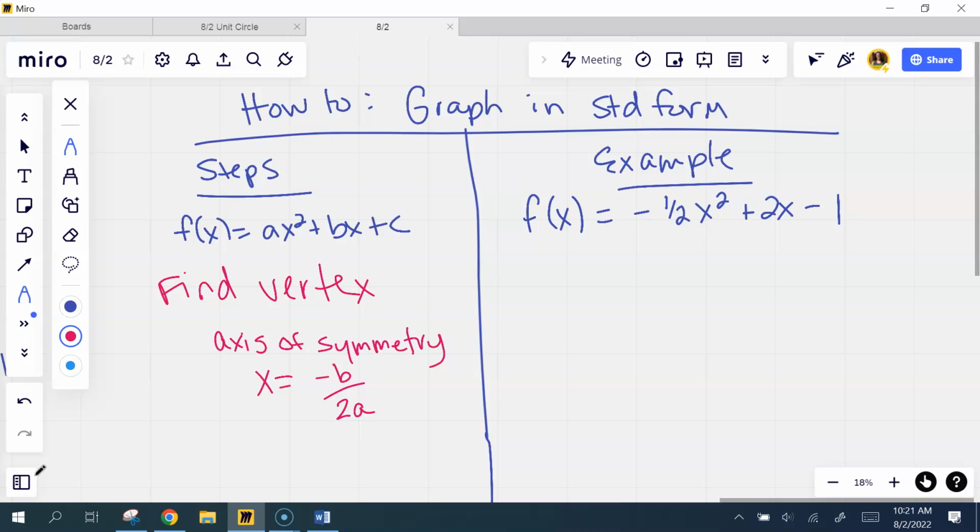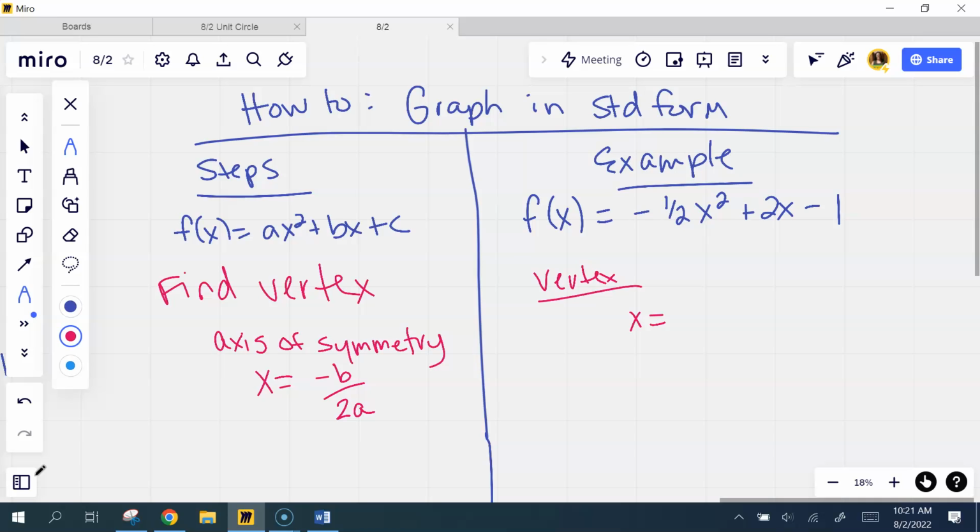Hardest part about graphing in standard form is remembering how to find the axis of symmetry, plugging in and doing it correctly. So if I go over to my example on the right-hand side, what is, I guess I should have asked you before, what is A in our equation given? Negative 1/2. What is B and C? Negative 1.